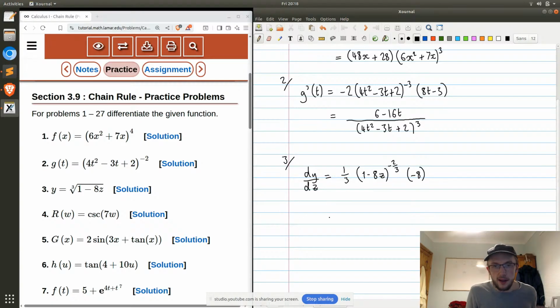And what does that mean exactly? That there means the cube root of 1 minus 8z all squared. And so we have this.